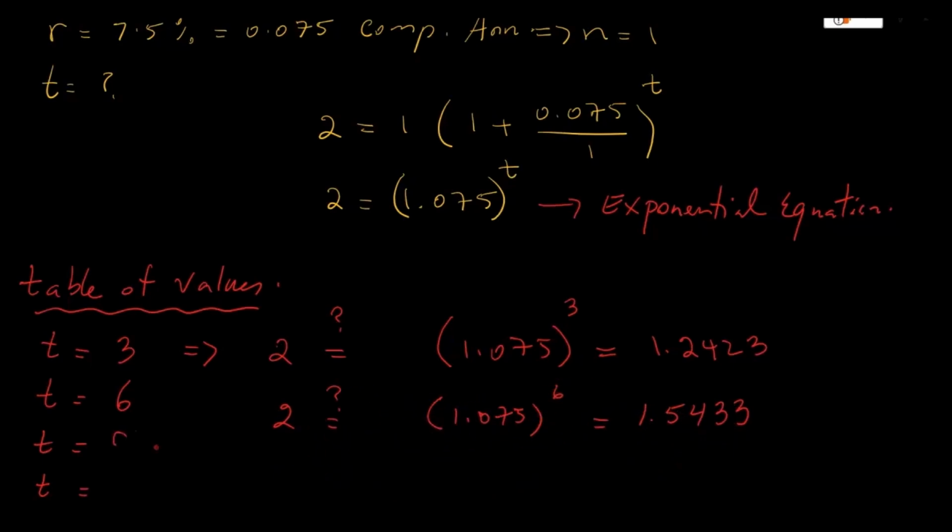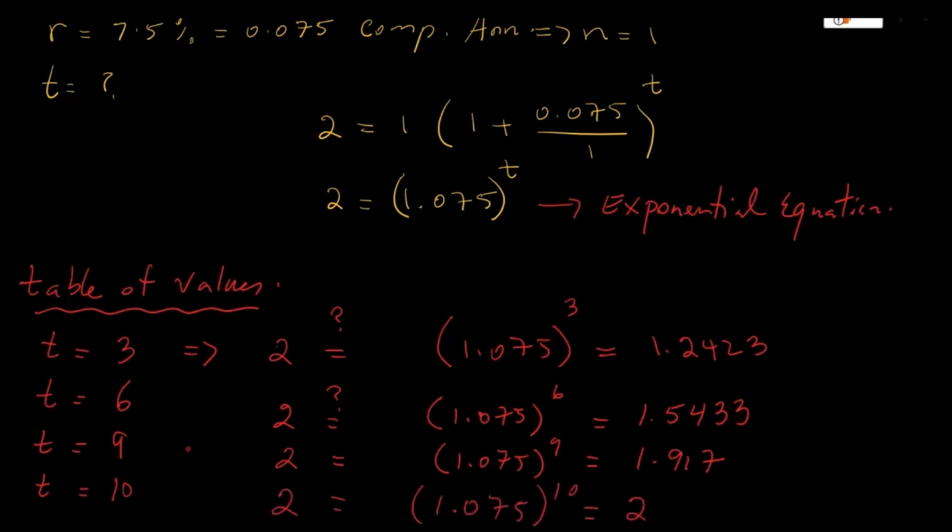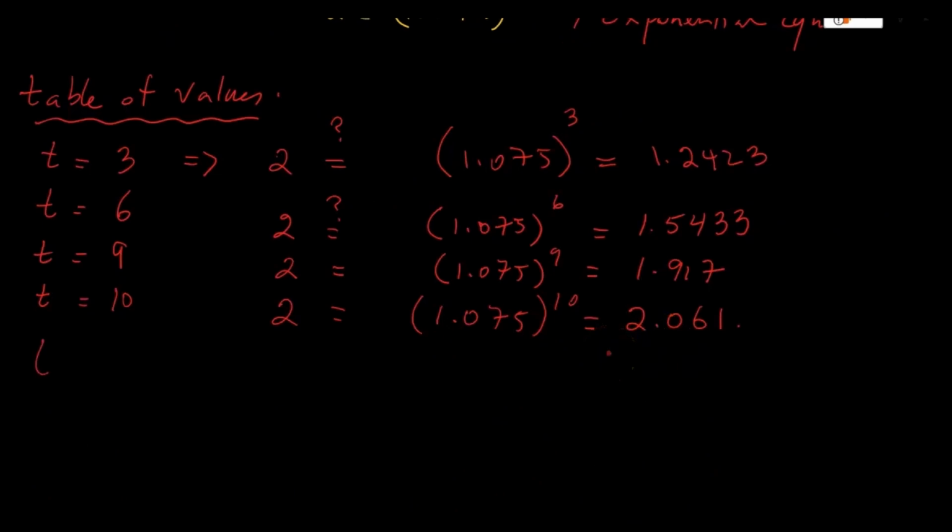Again, not even close to 2. Let's go to 9. Let's punch in 9. With 9, I get 1.917. Oh, it's getting closer to 2. So do 10. And when you do this, you notice that the answer actually goes over by a little bit. So you can play around between 9 and 10, and since 9 is closer to 2, I would go to 9.9. We get 2.046.